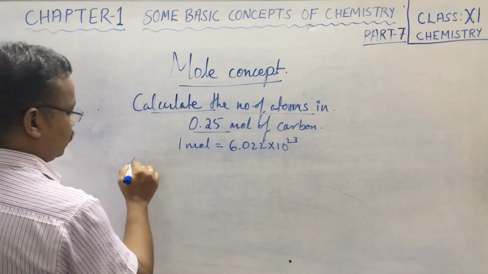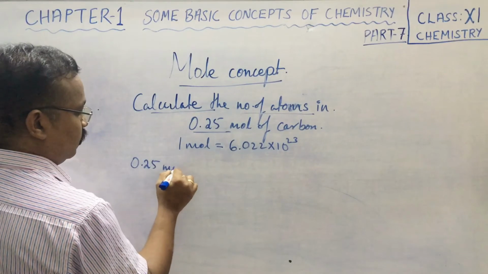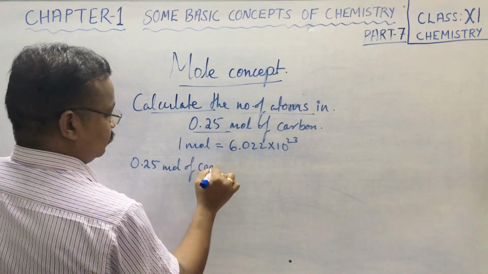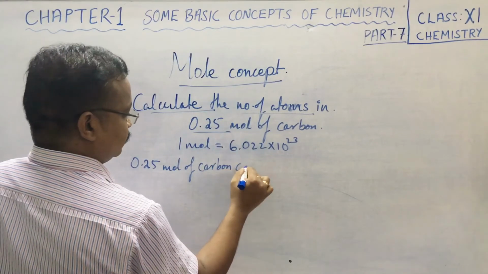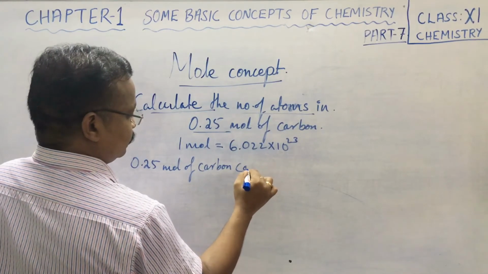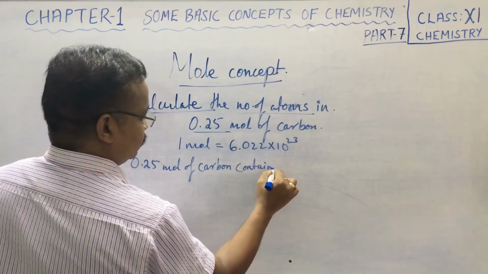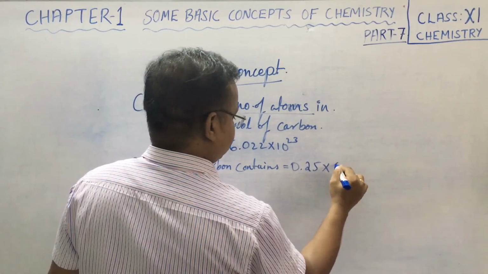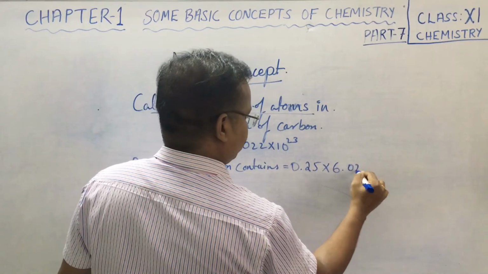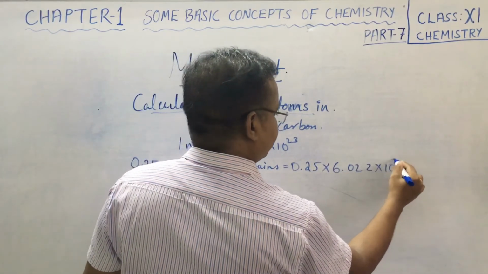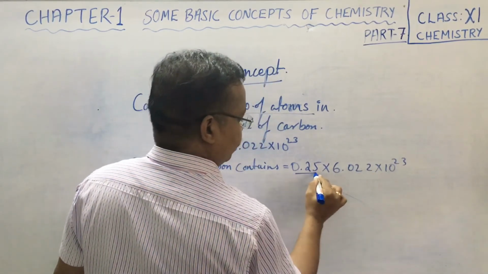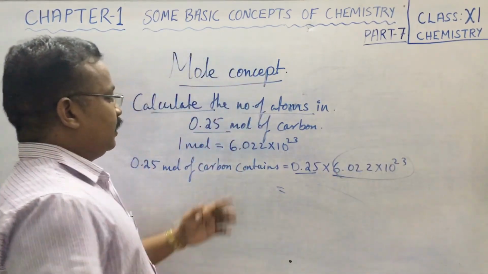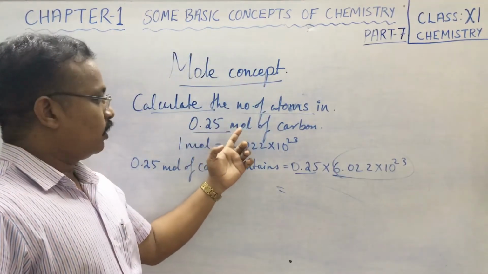So 0.25 mole of carbon contains 0.25 into 6.022 into 10 raised to 23. When you multiply 0.25 with the Avogadro number, you will get the number of atoms in 0.25 mole of carbon.